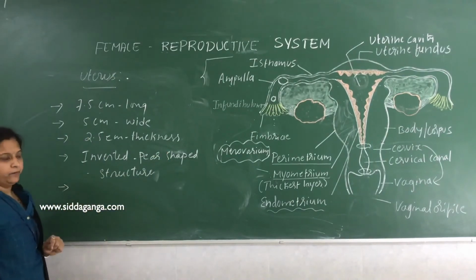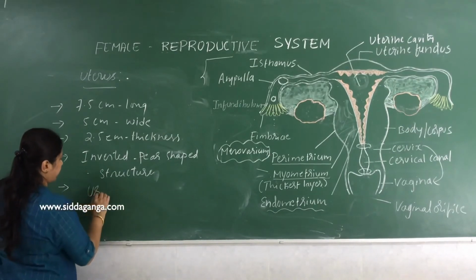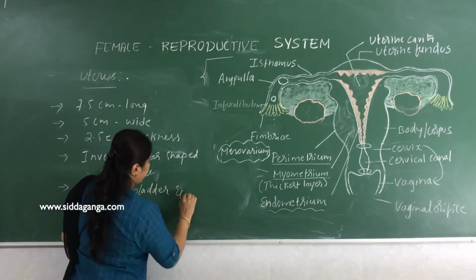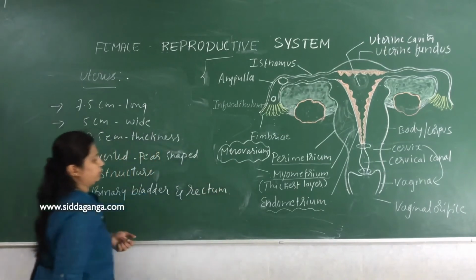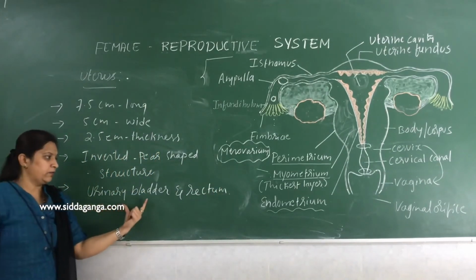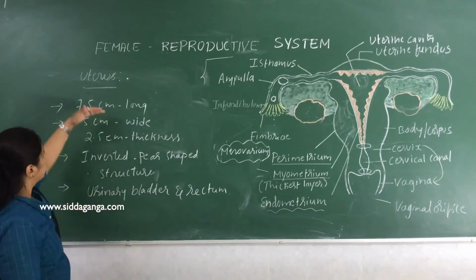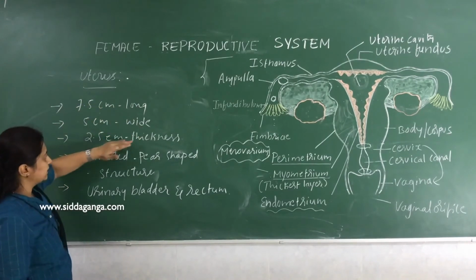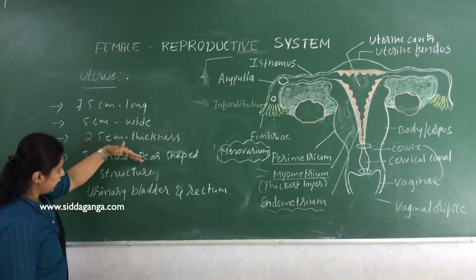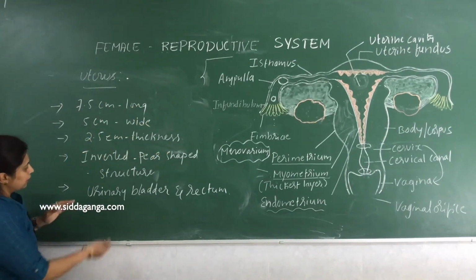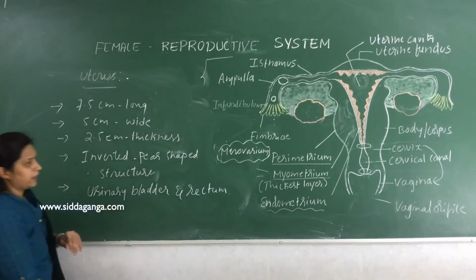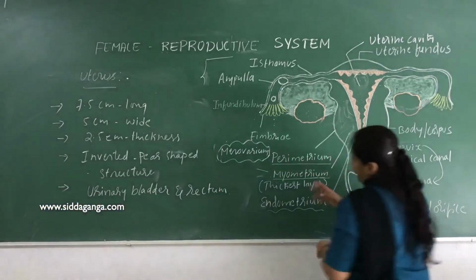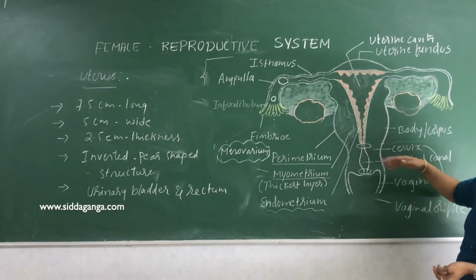Where is the uterus located? It is located between the urinary bladder and the rectum. So it measures about 7.5 centimeters long, 5 centimeters wide, 2.5 centimeters in thickness, and is an inverted pear-shaped structure located between the urinary bladder and the rectum. This is the size, shape and location of the uterus.